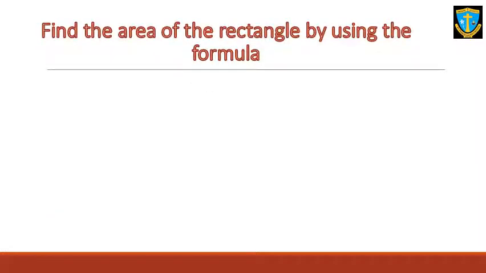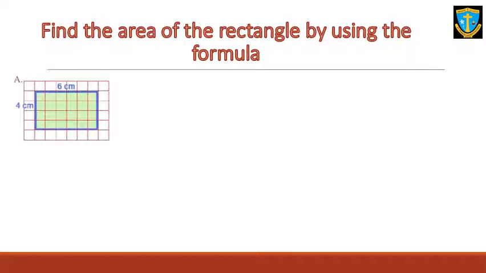How to find the area of the rectangle by using the formula? Let's see some examples. Here we have the first example where the length, the longer side, is 6 centimeters, and you can see in the figure the longer one is always more. The shorter one, the breadth or the width, is 4 centimeters.